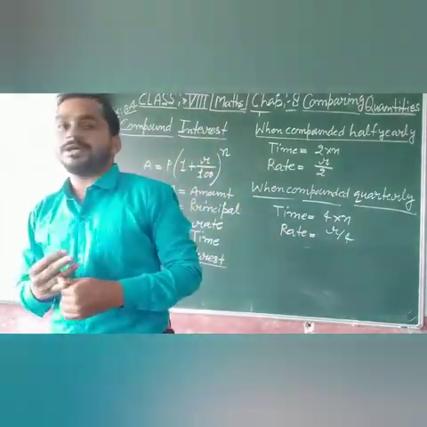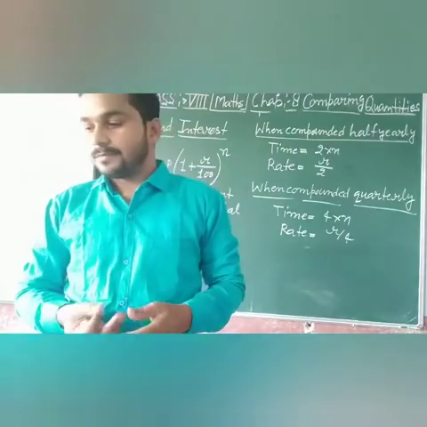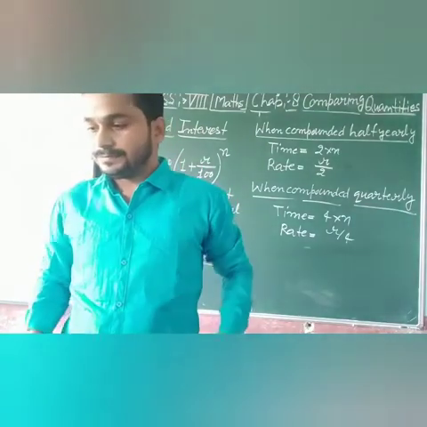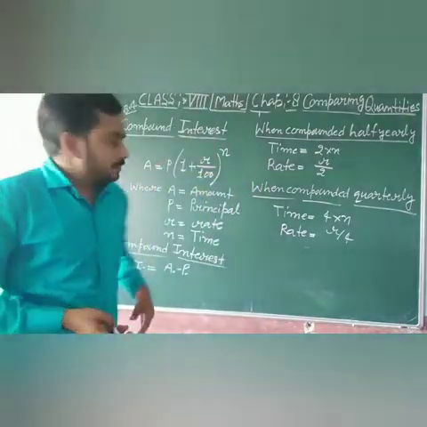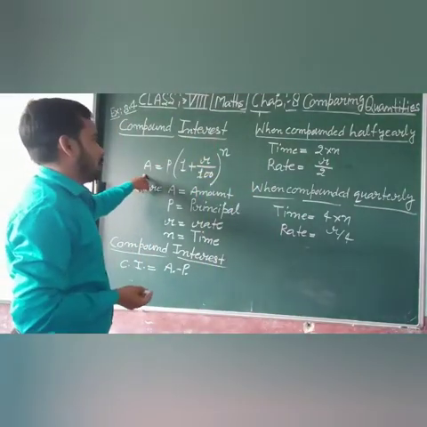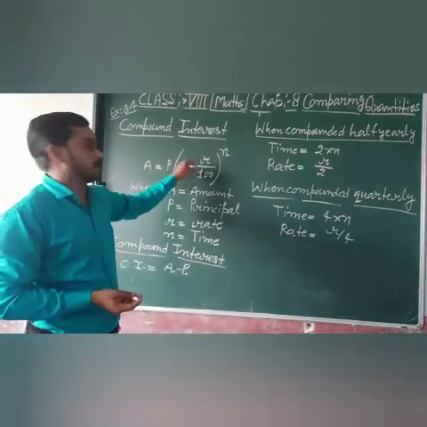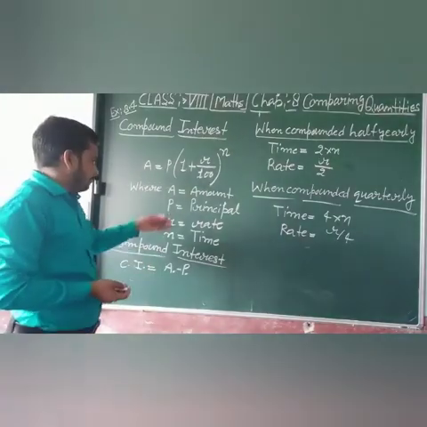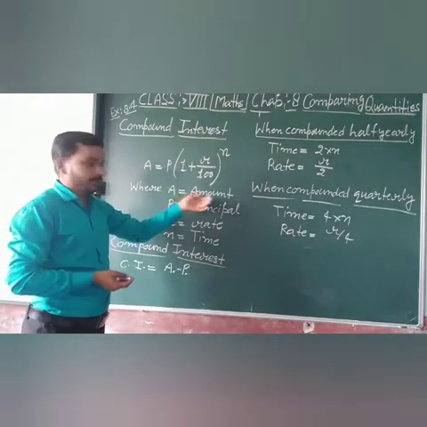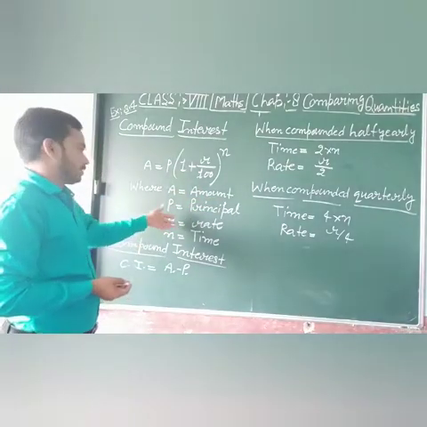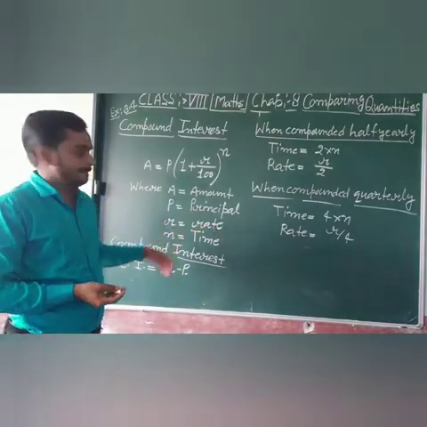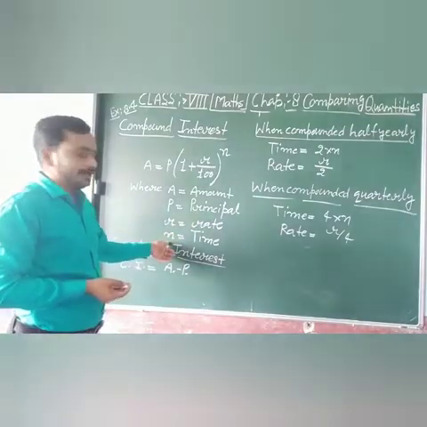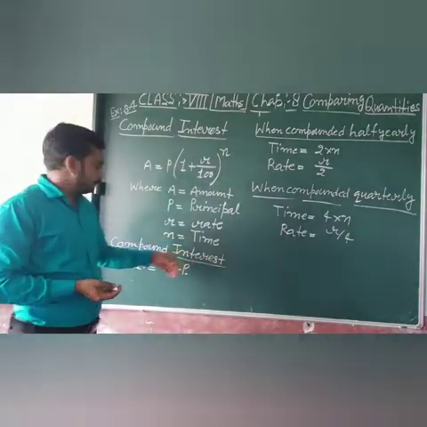Also, we can say half yearly, quarterly, monthly, or daily respectively. So amount equals P bracket 1 plus R upon 100 whole power n, where A is the amount, P is the principal, R is the rate of interest, and n is the time.